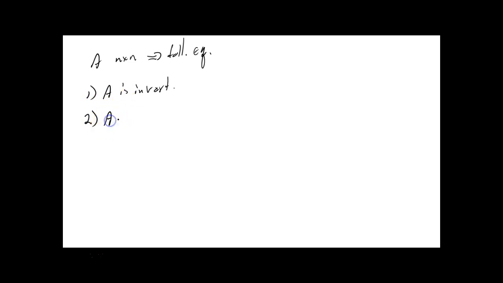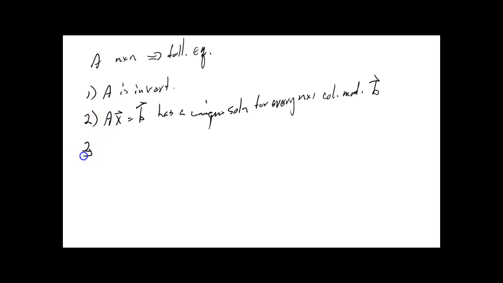First, and this is one from way back, AX equals B has a unique solution for every n by 1 column matrix B. Or you could call it a column vector B. For every one, without fail, whatever column vector B you put there, you can find a unique solution.